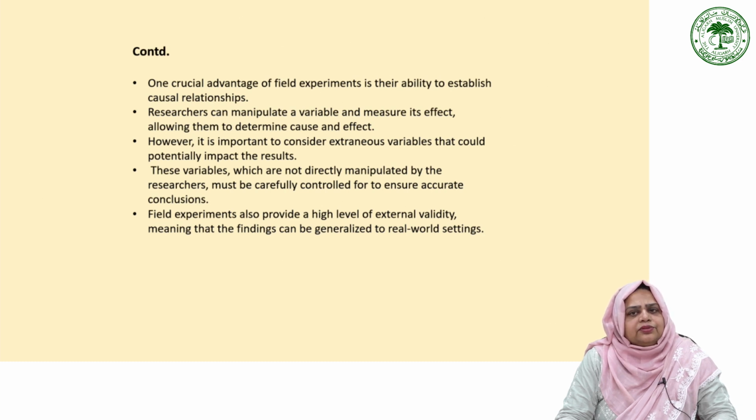However, it is crucial to consider extraneous variables that may influence the results. These variables are factors other than the manipulated variable that could potentially affect the outcome of the experiment. By accounting for these extraneous variables, researchers can ensure the validity and reliability of their findings.